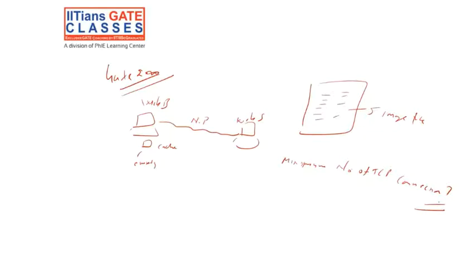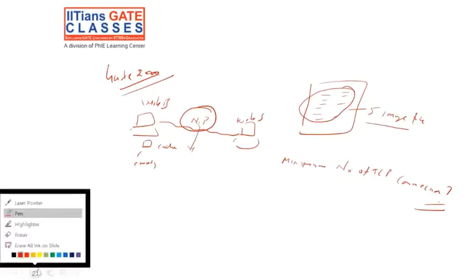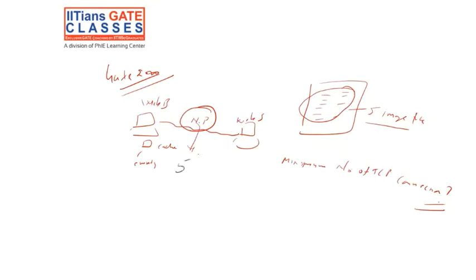The question is clear. From the web browser we are requesting a web page. In that web page, the text plus 5 image files are there, and non-persistent mode connection is used, and initially the cache is empty. So, the minimum number of TCP connections: 1 TCP connection for the text and 5 TCP connections for the 5 images, because non-persistent means 6 objects will be there.